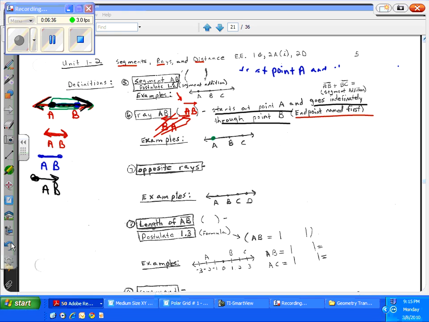So if we think about the ray that starts at point A and goes infinitely through point C, we would call that ray AC.